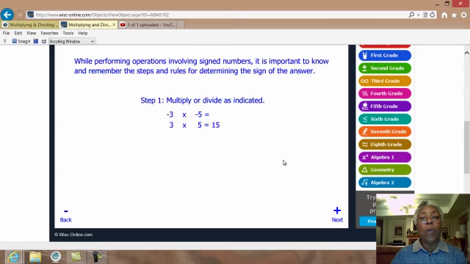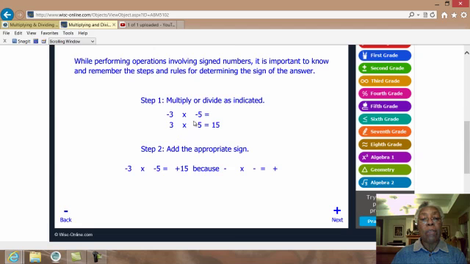While performing operations involving sign numbers, it is important to know and remember the steps and rules for determining the sign of the answer. Step 1. Multiply or divide as indicated. A negative 3 times a negative 5 equals 3 times 5 equals 15.